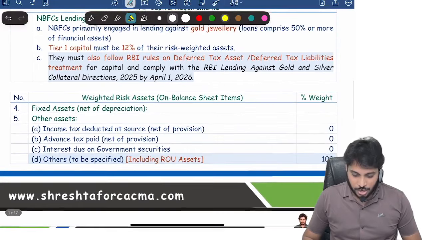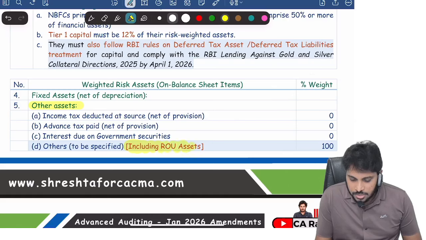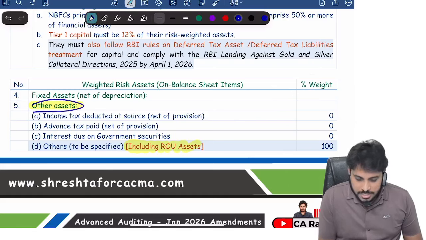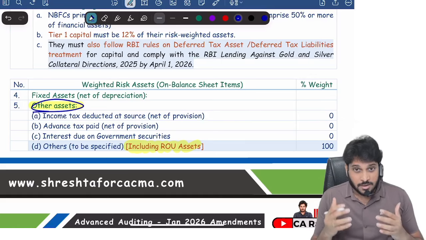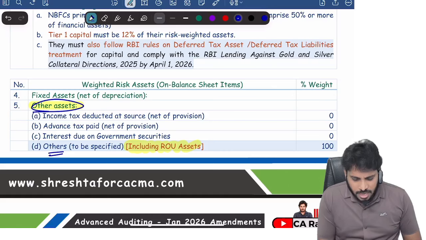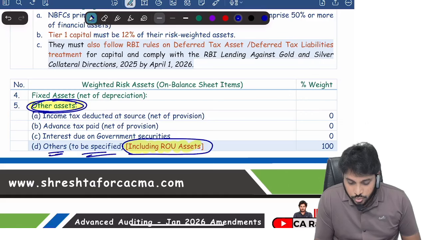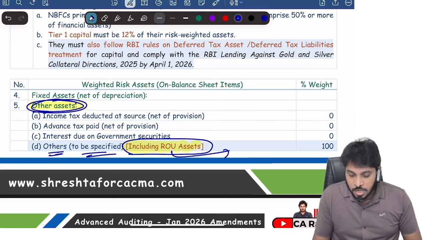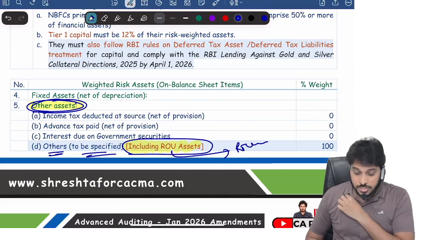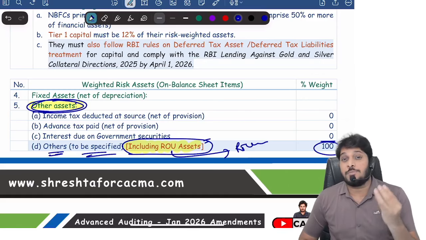Next, coming to prudential norms. Here there is one small inclusion. In prudential norms, the risk weighted assets percentages are there, right? Other assets is there, and inside that, others to be specified. Here you just have to add including ROU assets. What is ROU? Right to use assets. So even on right to use assets, the percentage of risk weight is how much? 100.